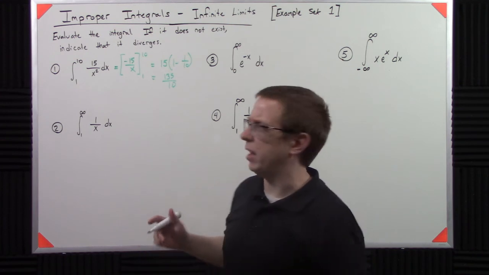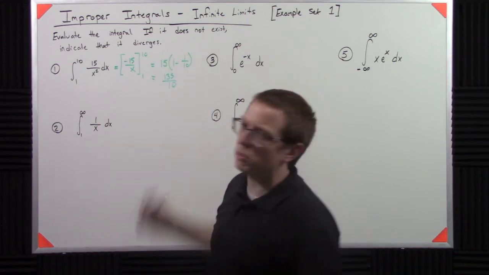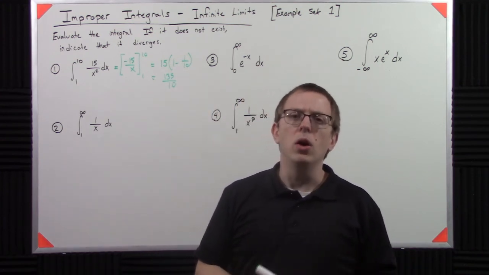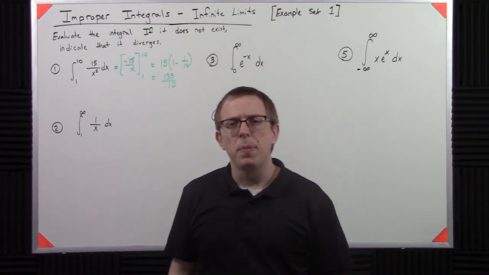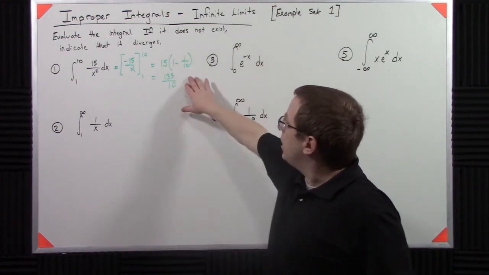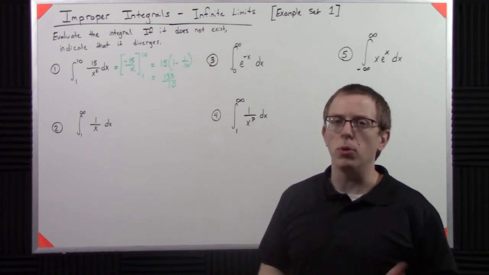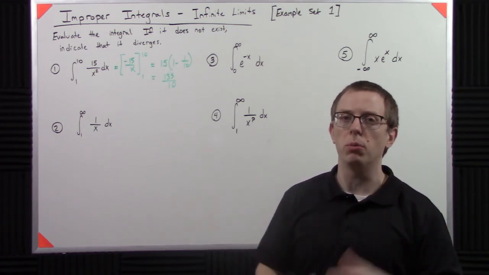We could take a 5 out of it and get 27 over 2 or something like that. Doesn't matter. Anyway, that's the idea. So again, don't always assume it's going to be improper just because you're used to doing improper integrals.